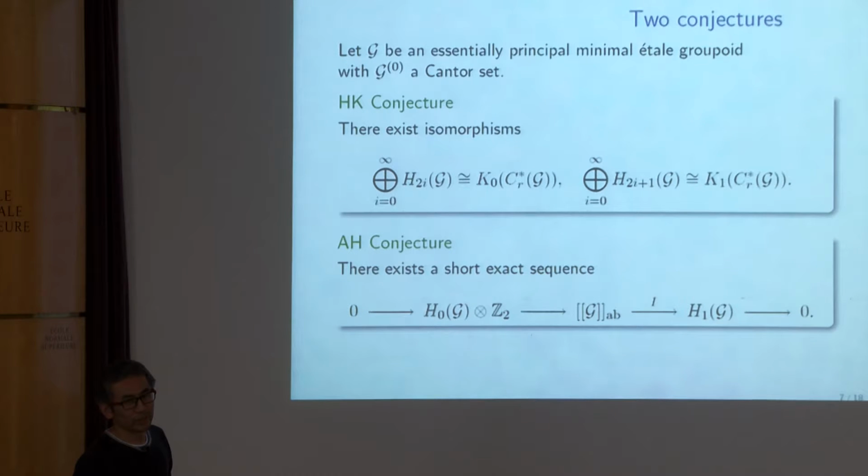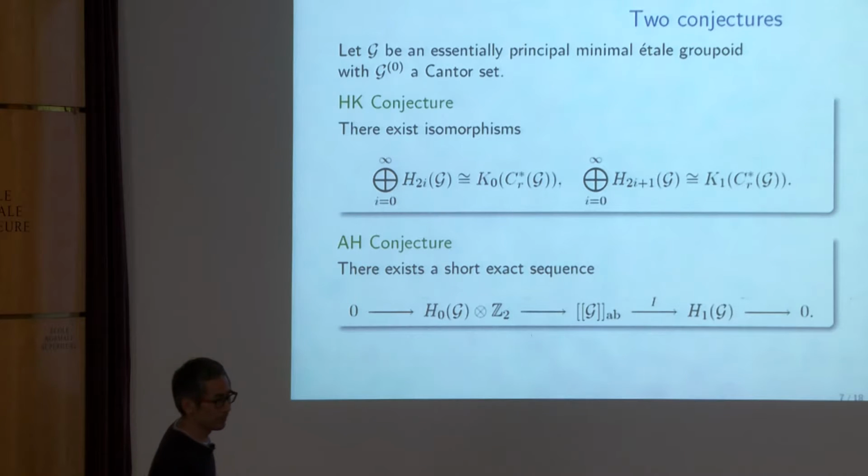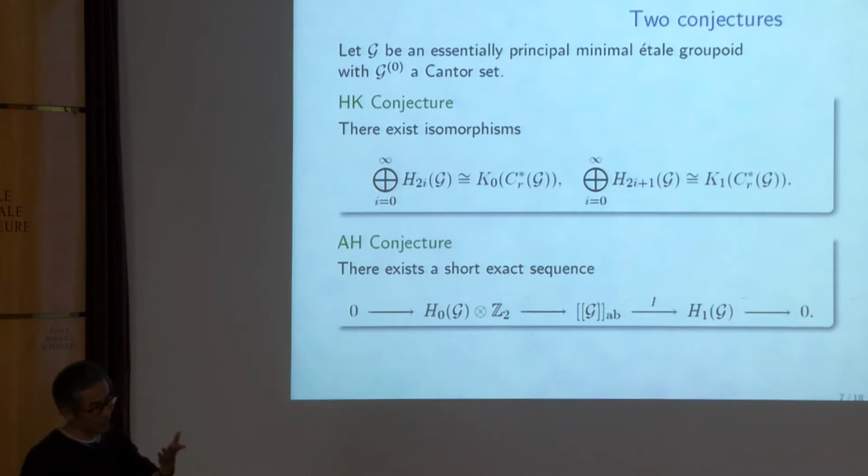No. In general, I don't know. So if it comes from a group action, do you know this? No. Rationally, only after tensoring by the rationals. Yeah, this clearly relates to the Baum-Connes conjecture. But is it a consequence or? I don't know.